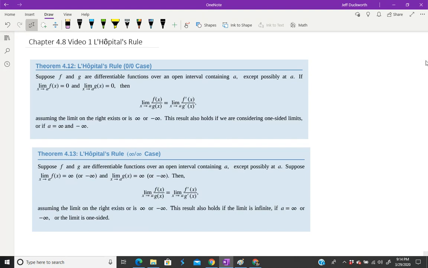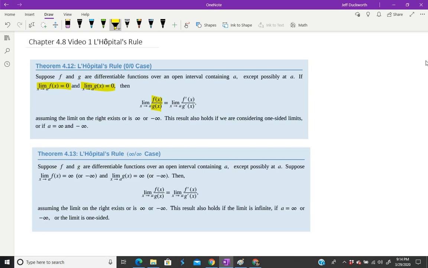So our numerator is f of x. If that equals 0 and the limit of our denominator, which is g of x, equals 0, then we're allowed to take the derivative of the numerator separately from the denominator.